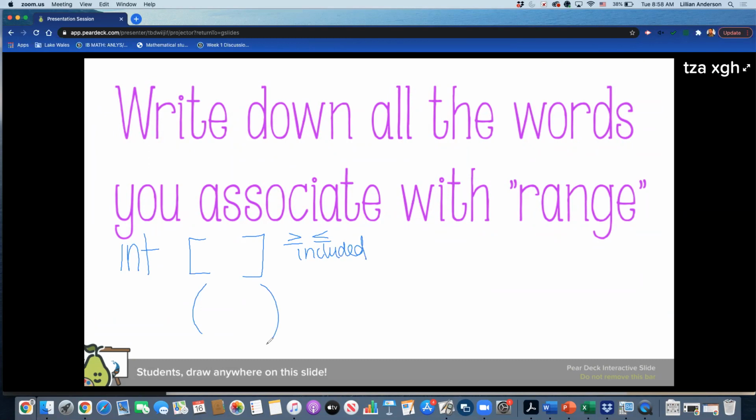So of course, when you saw parentheses, infinity was definitely with parentheses, or essentially when the value was what? Not included. This was also used when you had an asymptote. Okay, we also used union with interval notation, infinities with interval notation.